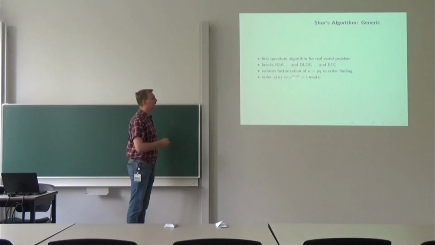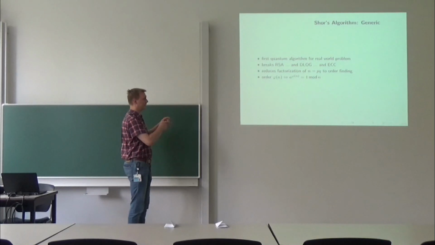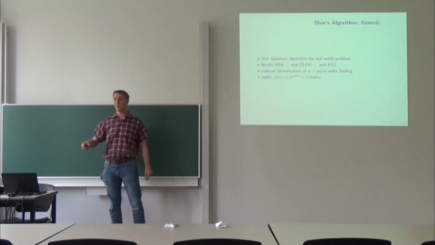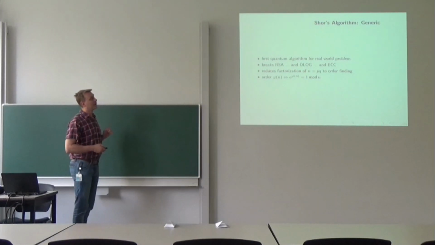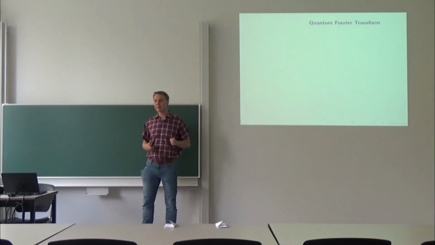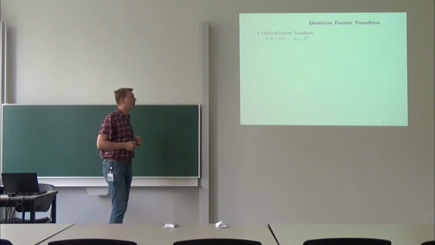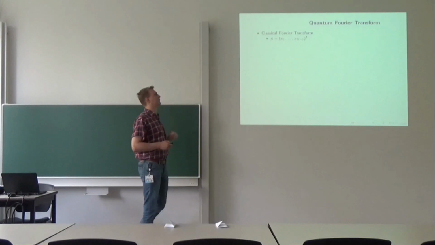So notice that if we raise a to 1 more than the order, then we get a back. So as we add 1s to the exponent, we go through the entire same cycle again. That's important because we're using the quantum Fourier transform, which is really similar to the classical Fourier transform, right? So we have a vector. This is the classical discrete Fourier transform.